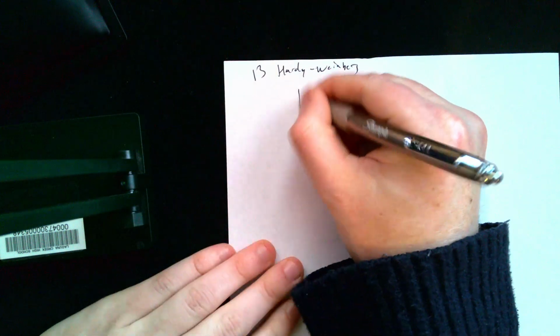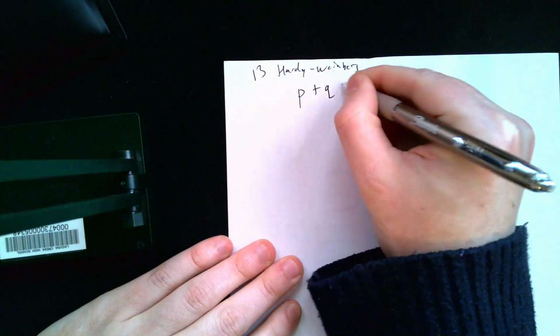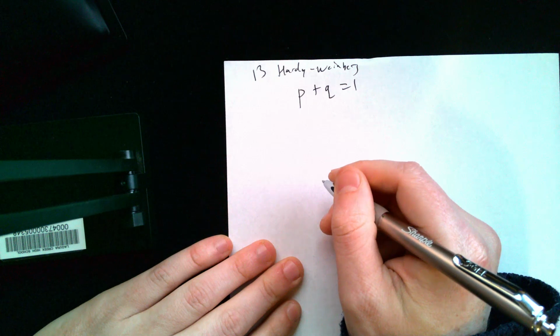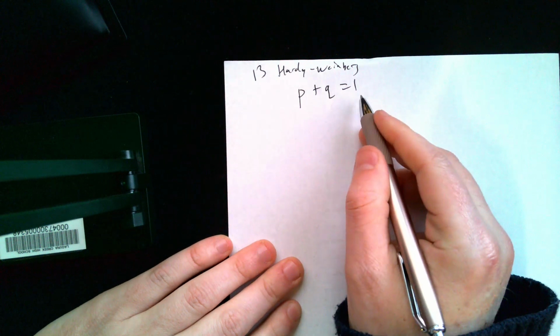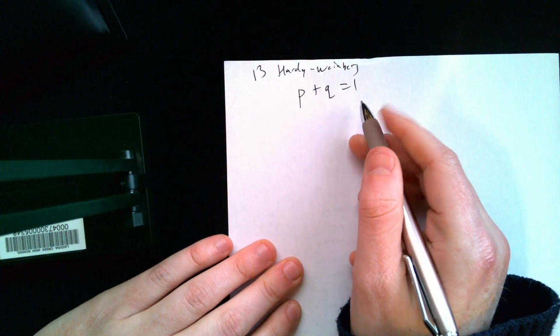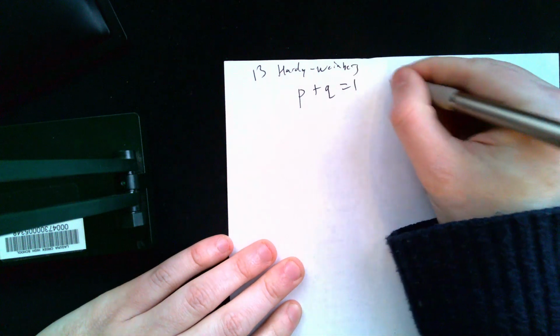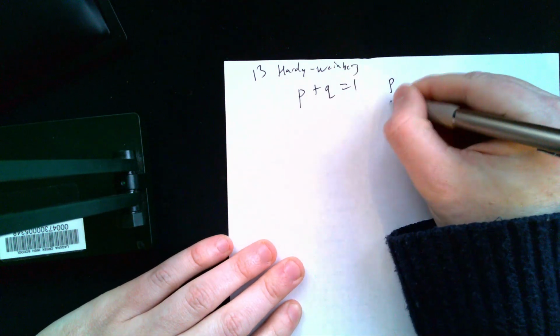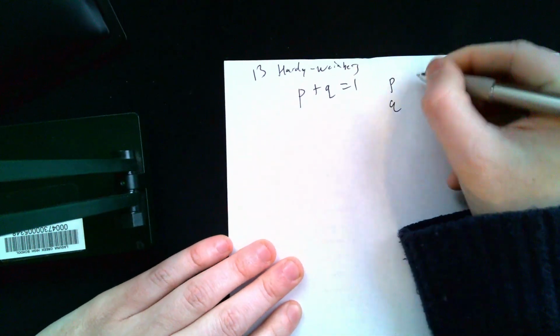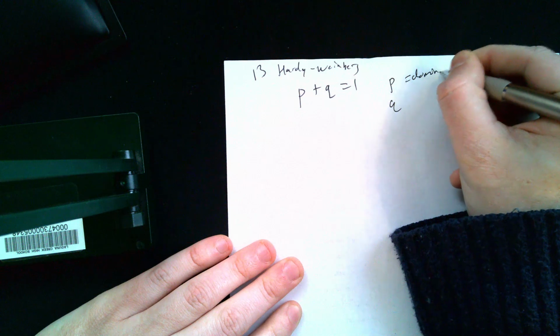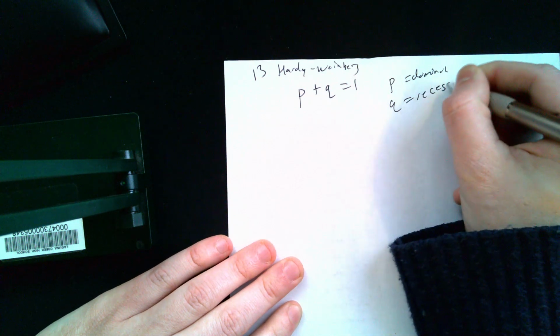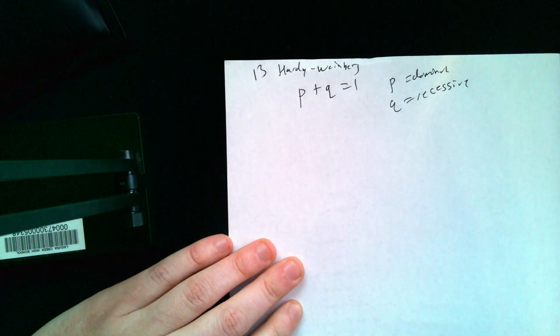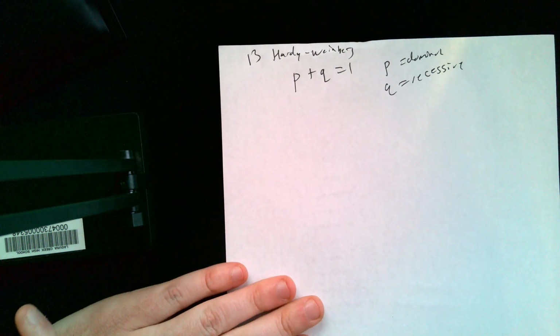You should know, we only do it for simple things where you have two alleles, a P and a Q. Well, if you only have two alleles, they have to add up to 1. So P is the allele frequency of one, and Q is the allele frequency of the other. Typically, it's dominant and recessive, but it doesn't have to be, because you could also do this for codominant or incomplete dominance. But typically, that's how you do it.